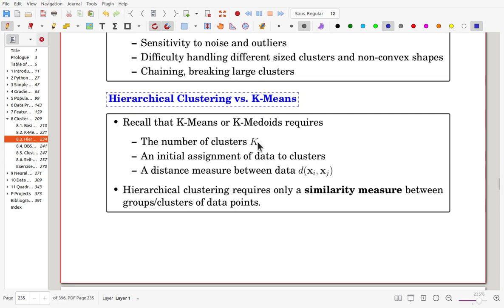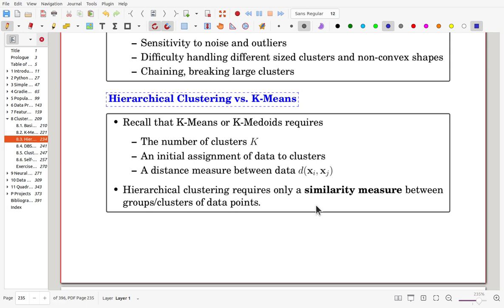K must be user specified, and an initial assignment of the data must be given so that the location of means or medoids must be given, and also a distance measure between data points must be provided. But hierarchical clustering requires only a similarity measure between groups or clusters of data points.